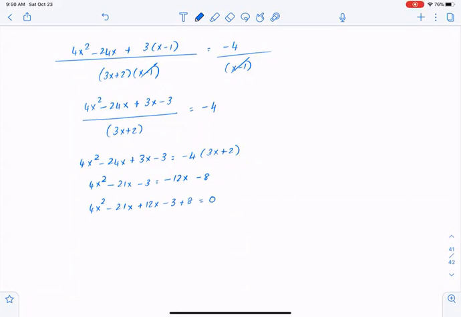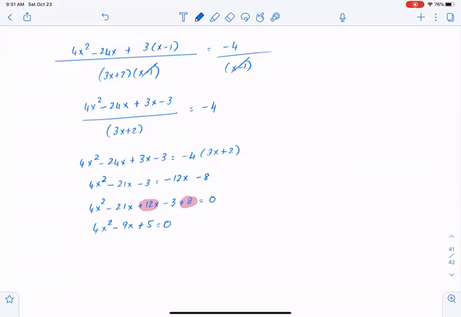So all I did is I moved the negative 12x and the negative 8 from the right-hand side to the left, and they became positive 12x and positive 8. So 4x squared minus 9x, 8 minus 3 is plus 5 equals 0.